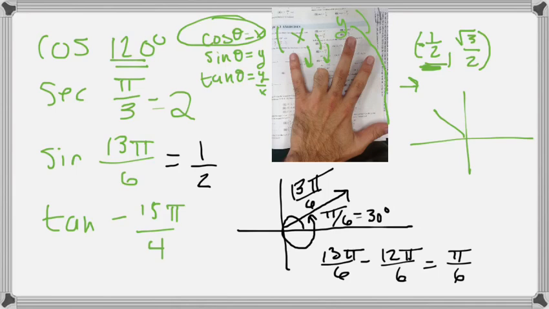What about negative 15 pi over 4? What is that the same as? So can you tell me in terms of positive angles? What is it? 315 degrees. Let's look at it here.